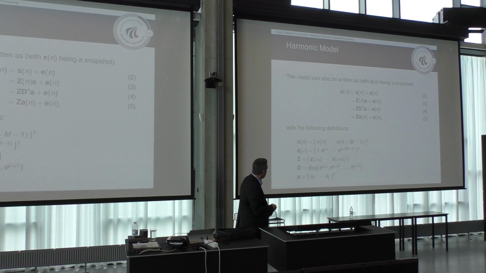Then we have a vector a here, which contains all the complex amplitudes. Then we have this D matrix here, which shifts these different frequencies when raised to the power n up here to account for the index. And these different ways of writing these, why bother writing these? Because these are useful in different contexts. Sometimes it's useful to think of the Z matrix being time varying. Other times it's useful to think of the amplitude as being time varying. So depending on it. Sometimes this model.